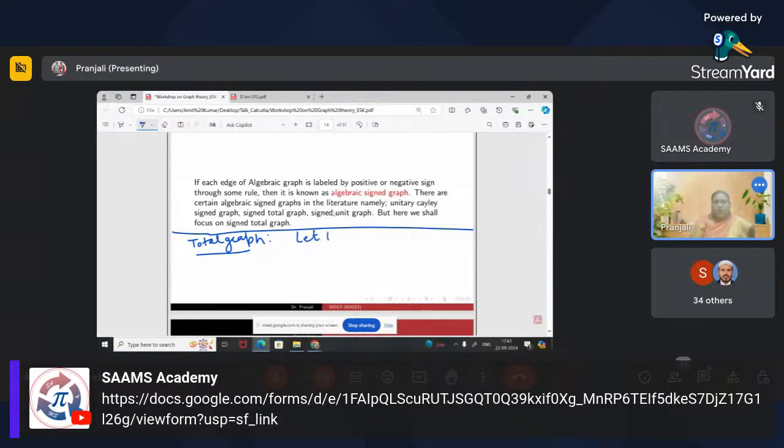Let R be a commutative ring with unity, and unity should not be equal to 0. Let Z(R) be its set of zero divisors.